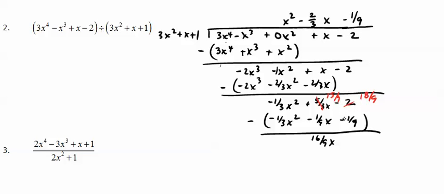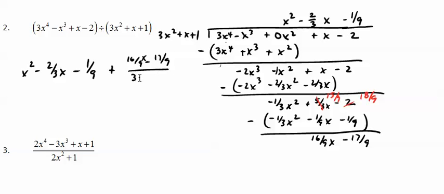Negative 18 plus 1 is negative 17/9. Okay, so now let's write our final answer. X squared minus 2/3 x minus 1/9. And then this is plus 16/9 minus 17x minus 17/9 all over 3x squared plus x plus 1.